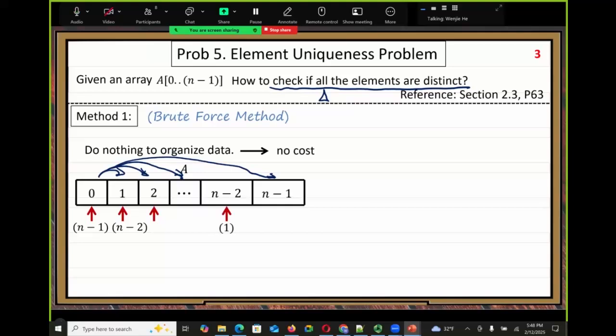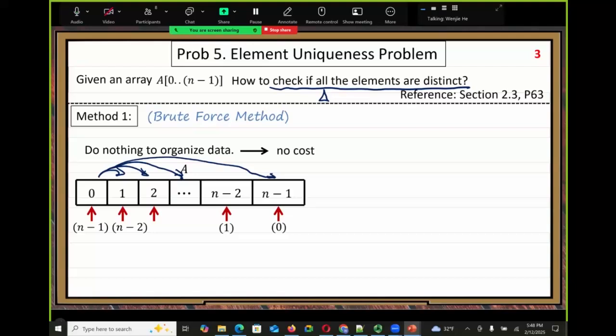All right. In this way, you can see for the worst case, we need to do all the possible comparisons. If it's not the worst case, we can stop somewhere in the middle, right? Because when you get a match, the function terminates immediately, and it returns false, because not distinct.